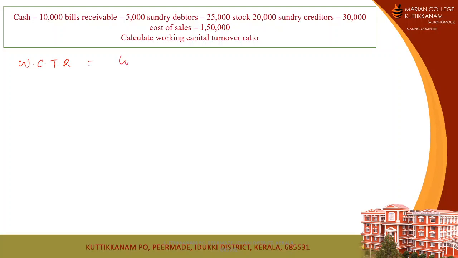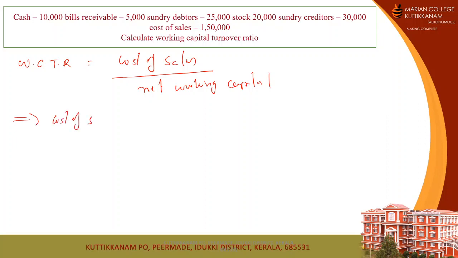We know that it is cost of sales divided by net working capital. Right? And we know what cost of sales is. It is already given in the question, that is 1,50,000. But we need to calculate this net working capital, right?